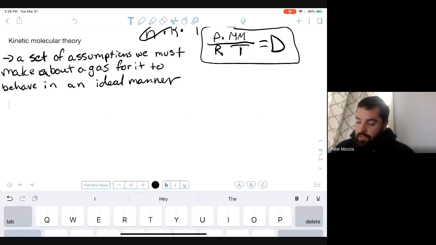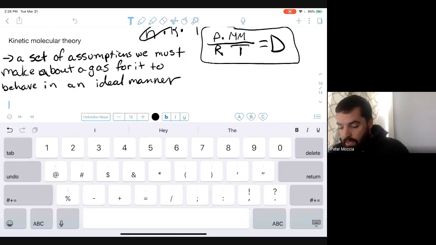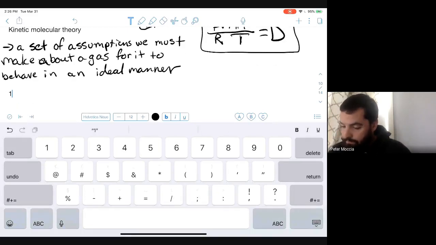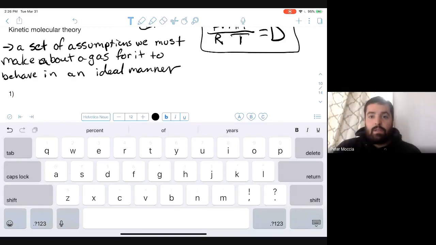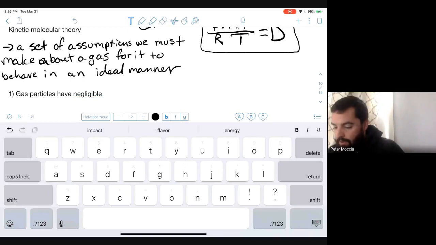So, in no particular order, assumption number 1 states that we assume that gas particles have negligible volume.